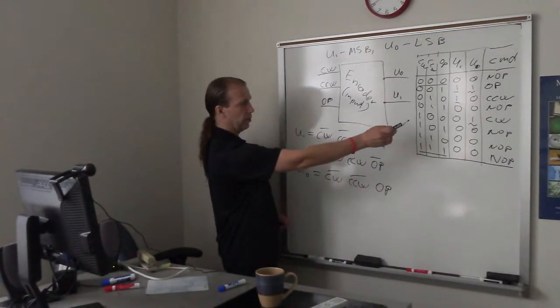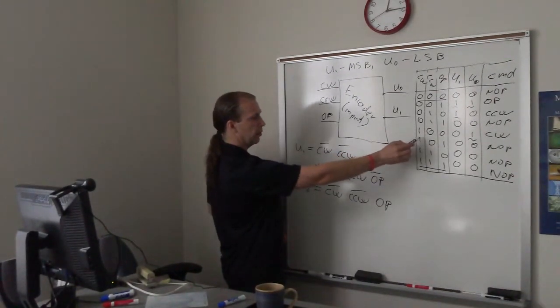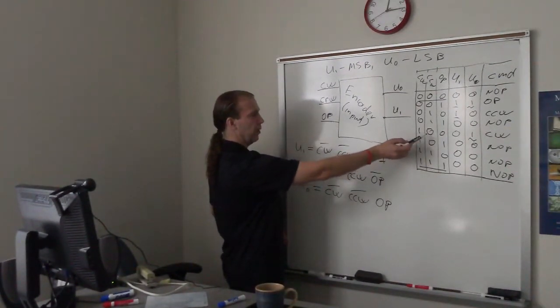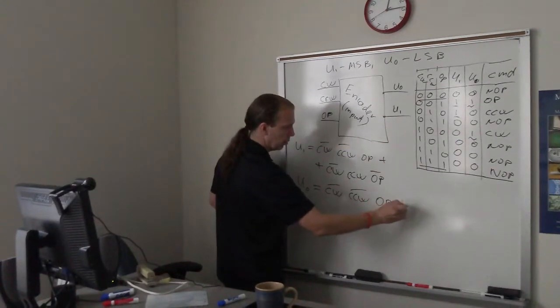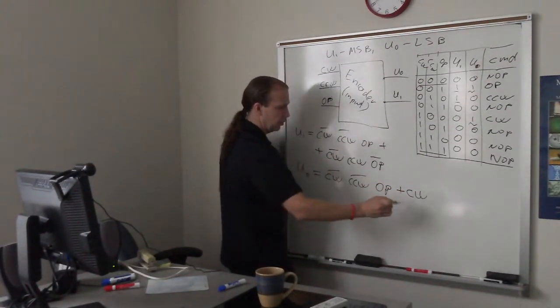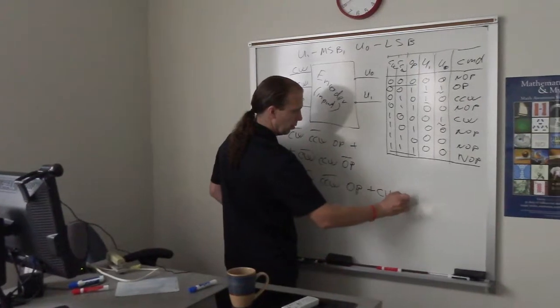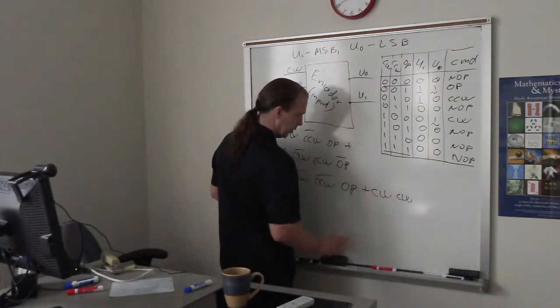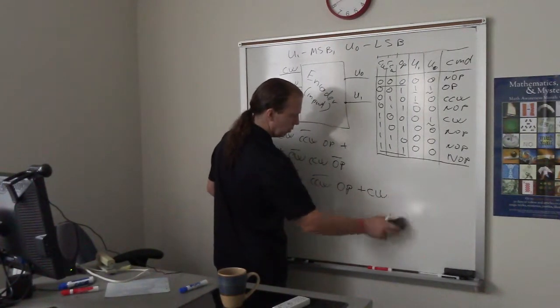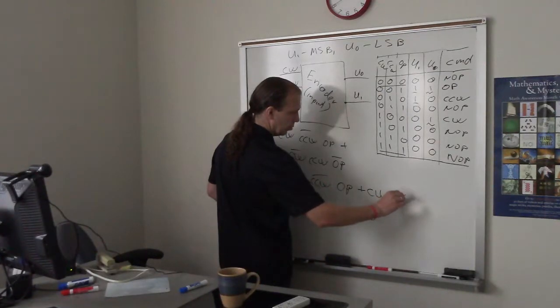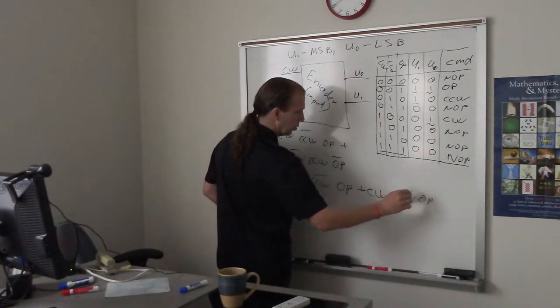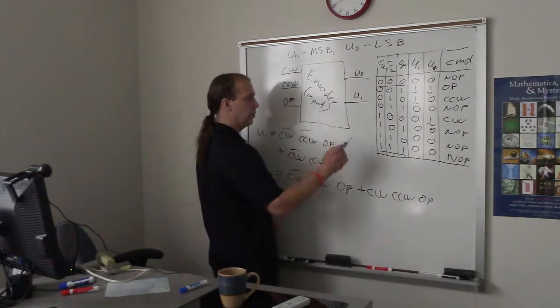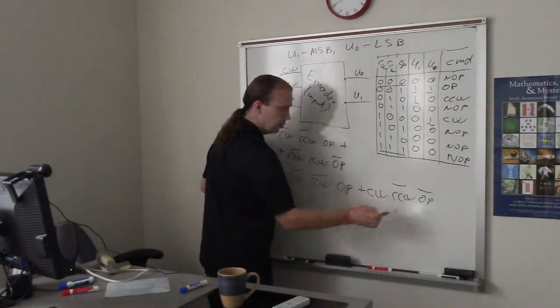And the second one will appear with 1, 0, 0: CW, CCW, and OP. And it will be 1, 0, 0, so 0 will go here and here.